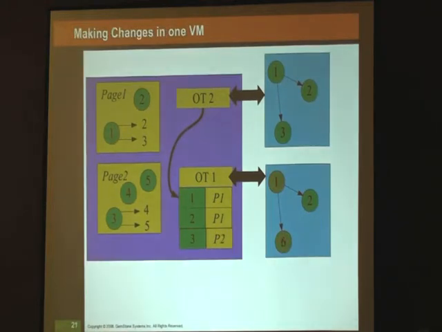So when you make changes in one VM, what I want to do here is go through the steps to communicate how they get updated in the other VM. So you start by, in the lower VM here, pointed at object table 1, it has made a change to object 1, and it now references a new object 6.